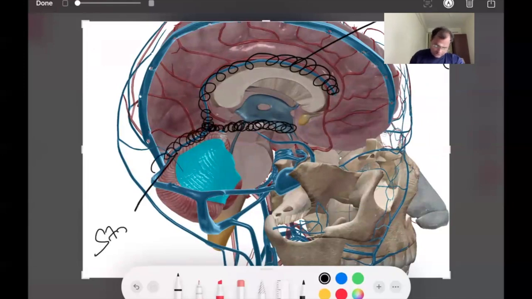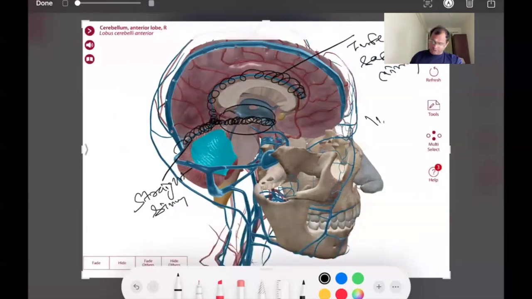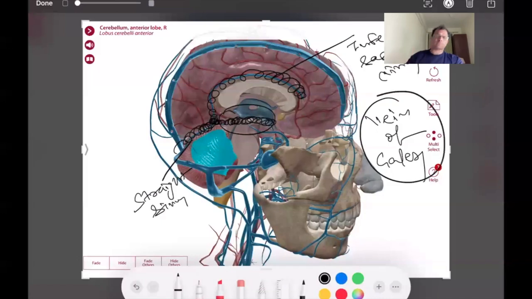So there's the straight sinus. The name of the vein which brings blood from the deeper part of the brain is called the vein of Galen. Okay, remember this. It's very important. That's why I'm introducing you to this. So the inferior sagittal sinus and the vein of Galen bring blood from the deeper part, especially the vein of Galen, and become the straight sinus. Okay, then going further. Clear?